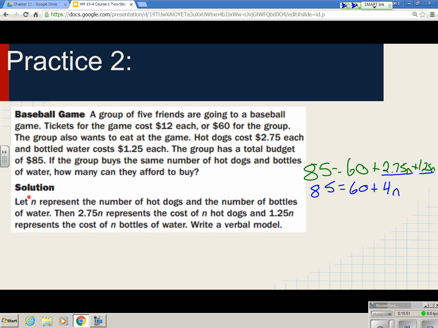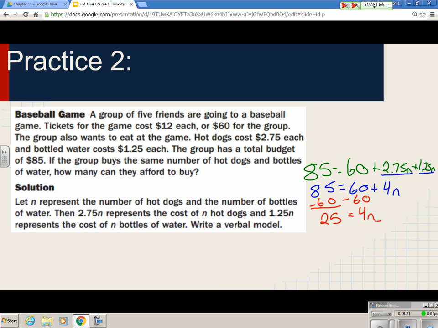From here then, our next step is to get rid of that 60, because the 60 and the 85 now are like terms. So you subtract 60 from both sides, and 85 minus 60 gives us $25 left over. So basically I have $25 to figure out the 4n. So we need to figure out if it costs $4 for each person to have a hot dog and a bottle of water, how many can they buy?